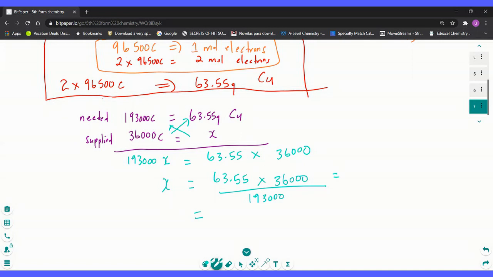Let's work out the top part and then we can divide it. What would the top part of this equation be equal to? 2 million, 800 something, divided by the 193,000. So what's the answer we got?